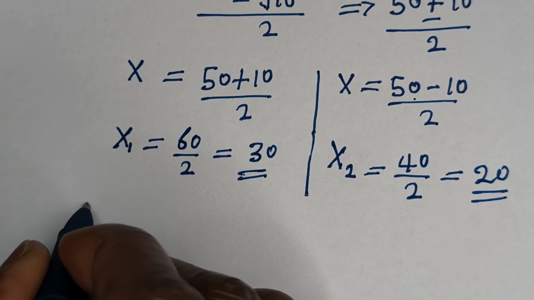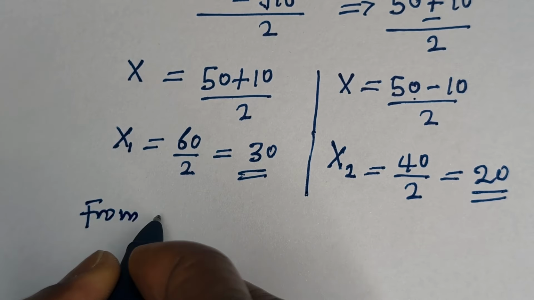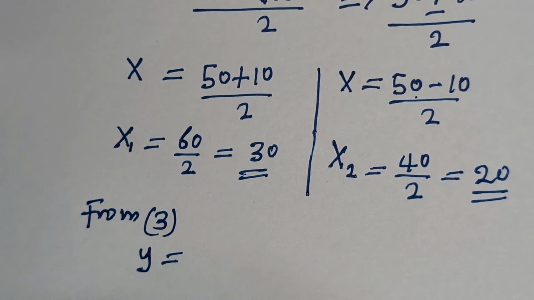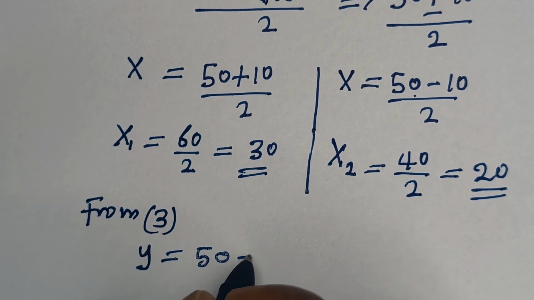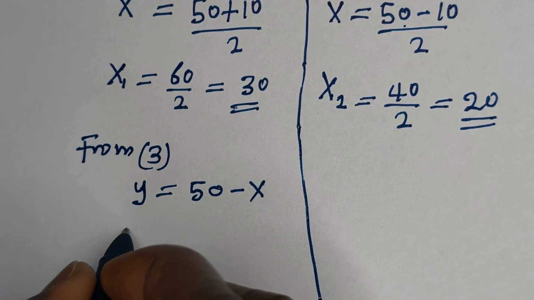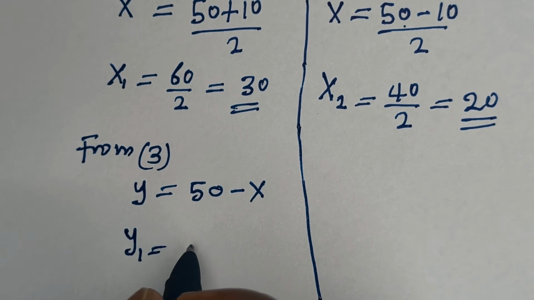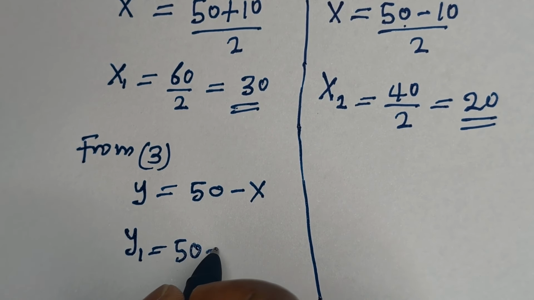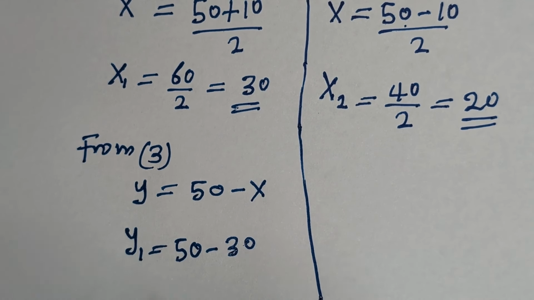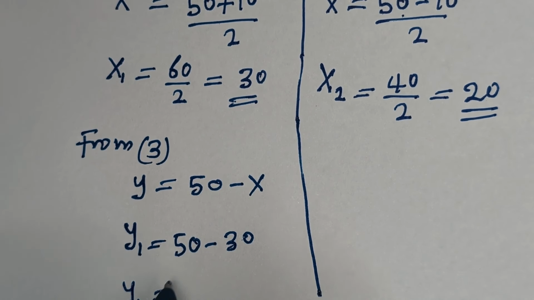From equation 3, y is equal to 50 minus x. y1 is equal to 50 minus x1, which is 30. y1 is equal to 50 minus 30.